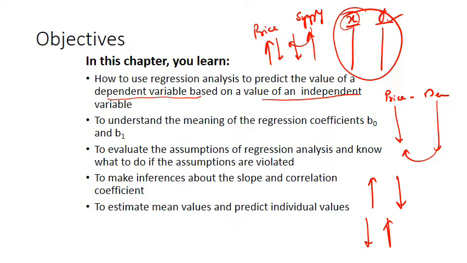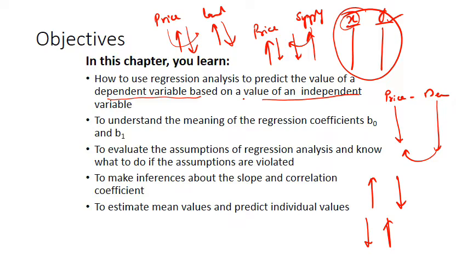Or similarly, if we say that price and, let's say, land area. Now land area is the independent variable and price is dependent. Price is depending upon land area. If you increase land area, your price will go up. If you decrease land area, your price will go down.